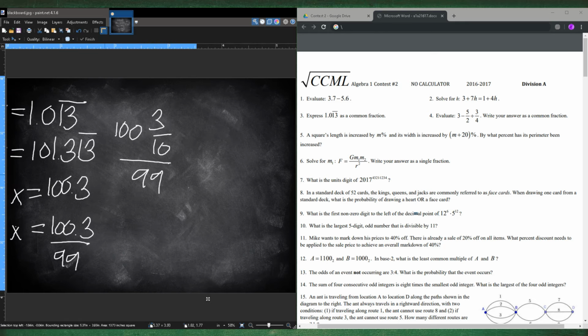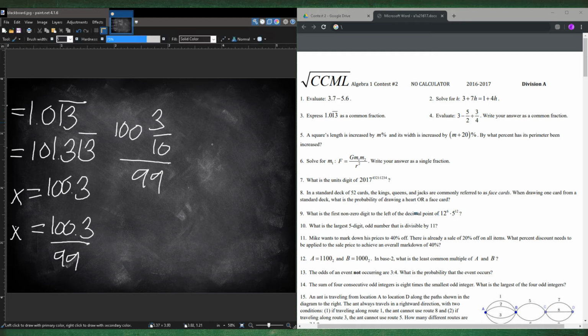Okay, let's move this away. We already got some portion of it. Now this is equal to 1003 over 10 times 99. So this is basically the same as 2 times 5 times 3 squared times 11. So 1003 is obviously not divisible by 2 or 5, so we don't have to check those.